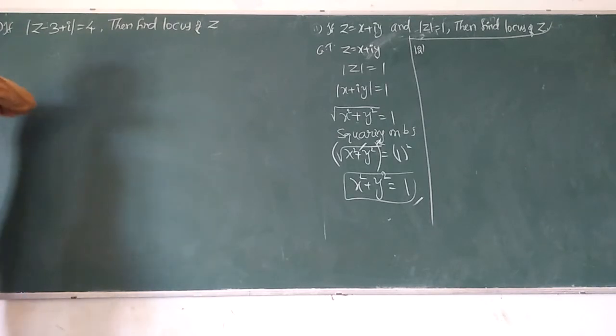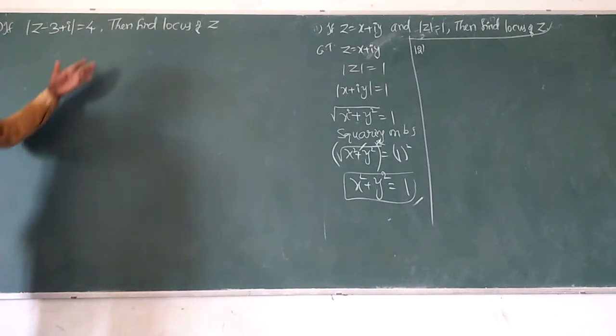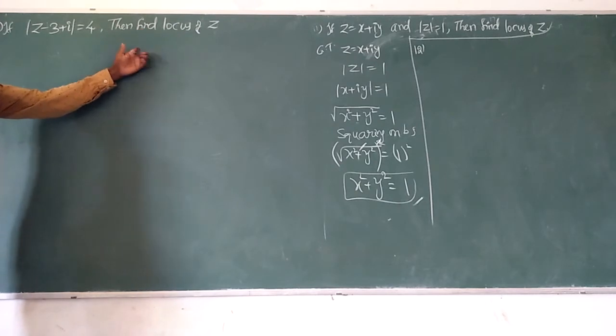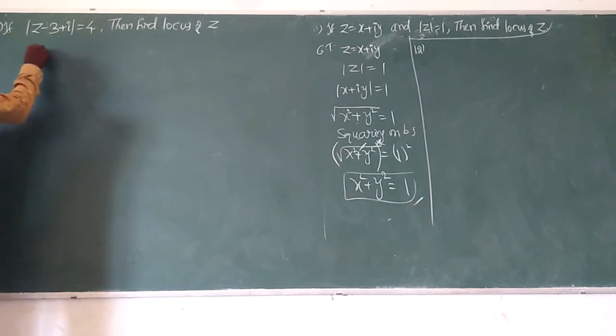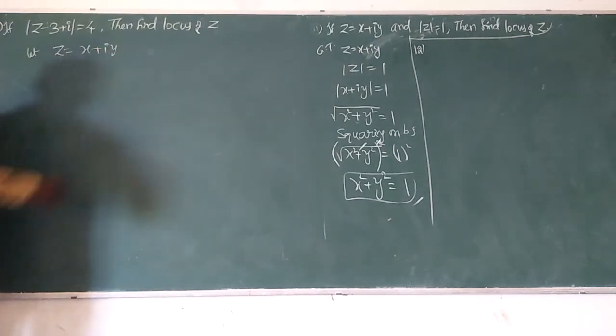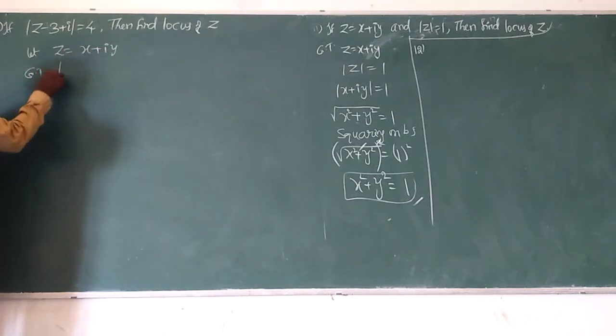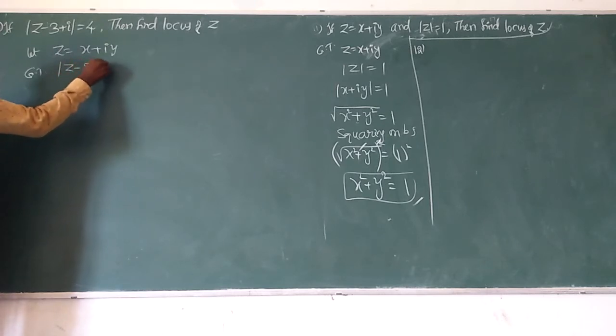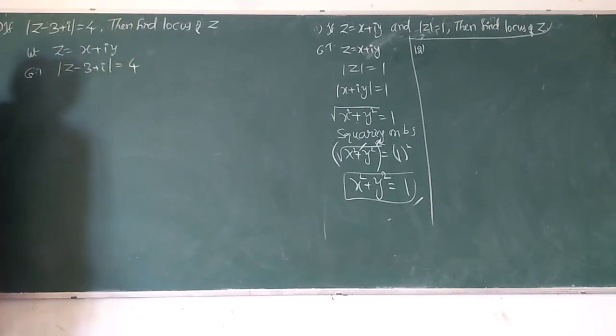What is z generally? If z is not given as x plus iy, then also we can take, let z equal x plus iy. And what is given? Modulus of z minus 3 plus i is equal to 4.